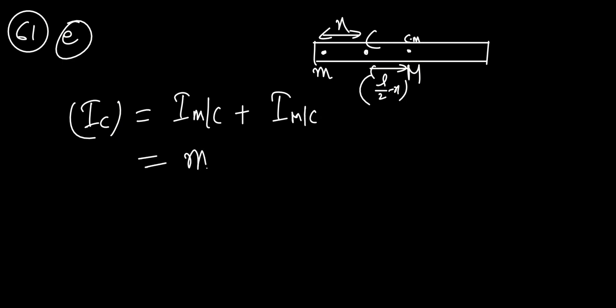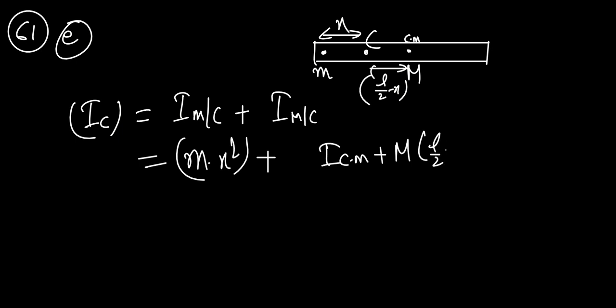So this will be mx squared plus ICM plus M into L by 2 minus x, the whole squared. Here I have used the parallel axis theorem.